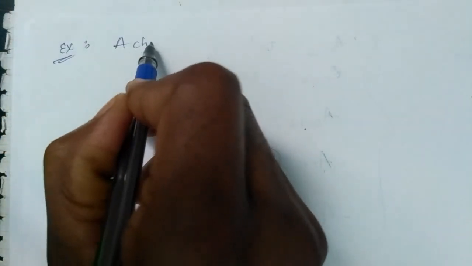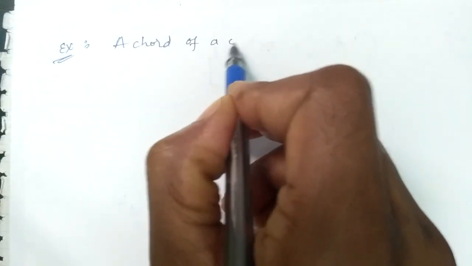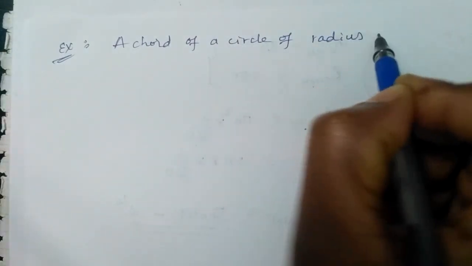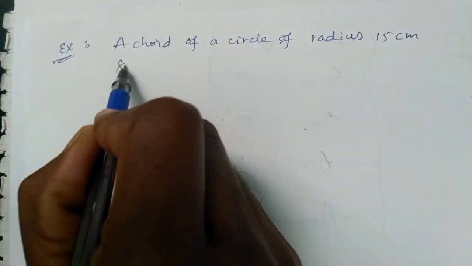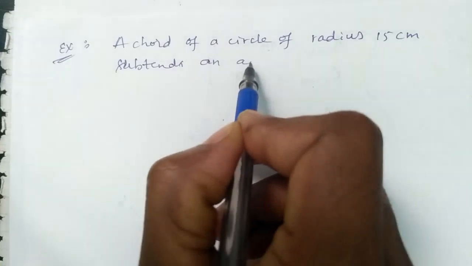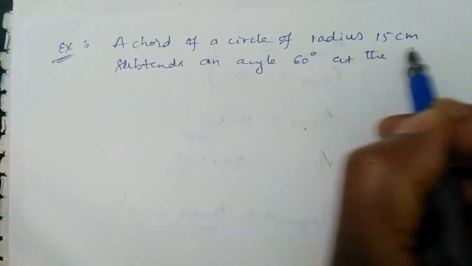A chord of a circle of radius 15 centimeter subtends an angle of 60 degree at the center.